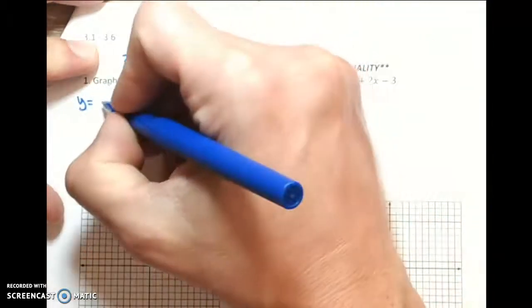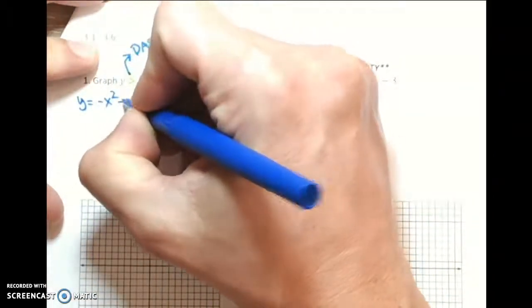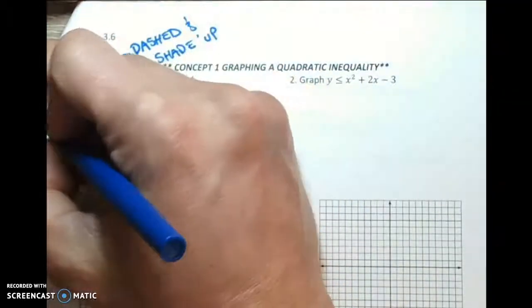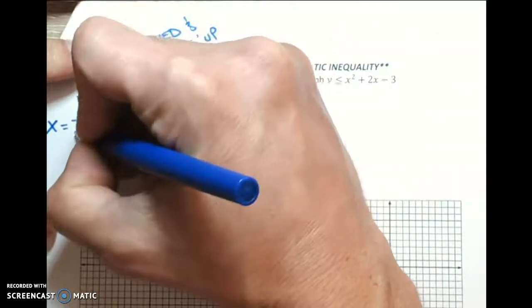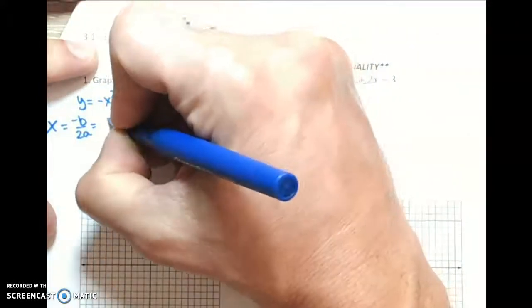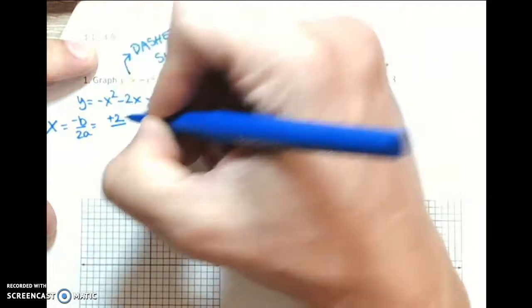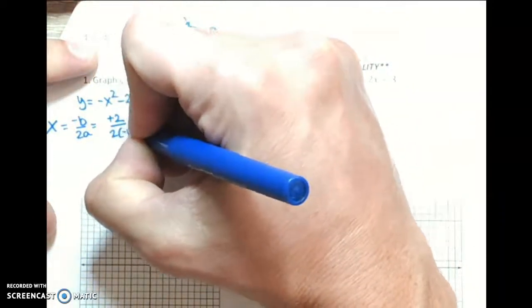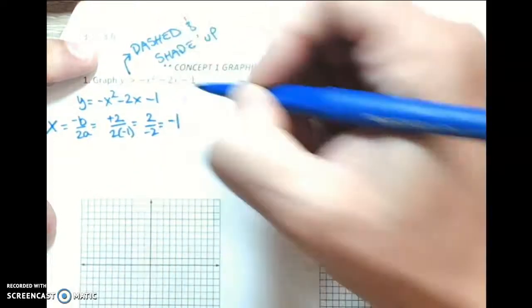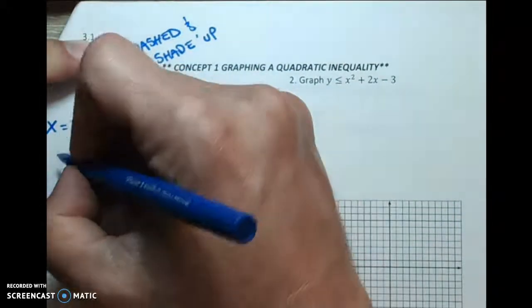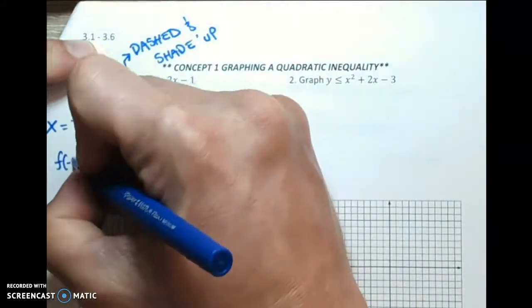Y equals negative x squared minus 2x minus 1. Standard form. First thing I want to do is find my axis of symmetry. X equals negative b over 2 times a. In this case, that's the opposite of negative 2, which is positive 2, over 2 times negative 1. So that's 2 over negative 2, and that is negative 1. What I'm going to do is plug f of negative 1 in there.